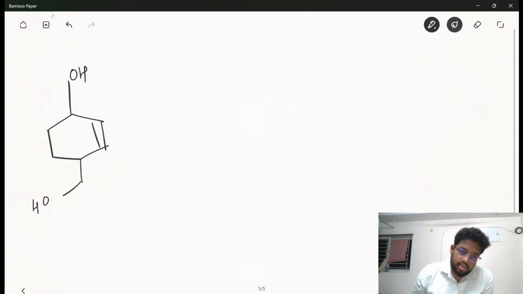This is the reactant we have. 6-member cyclic ring. Double bond is there. OH is there. Another OH is there. You have three processes. First, you are treating with MnO2.